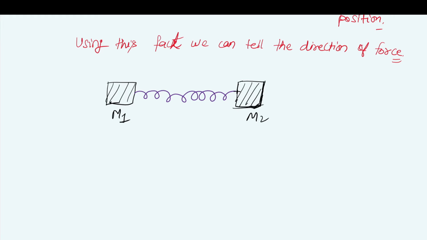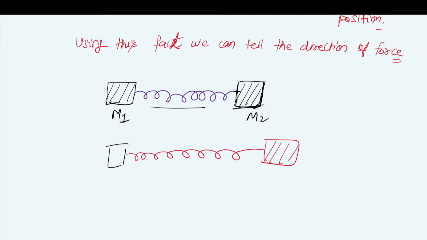If I extend both masses by grabbing them in my hands, the spring will be elongated by some length, that is, the spring will become extended. You can say that the diagram will look like this.